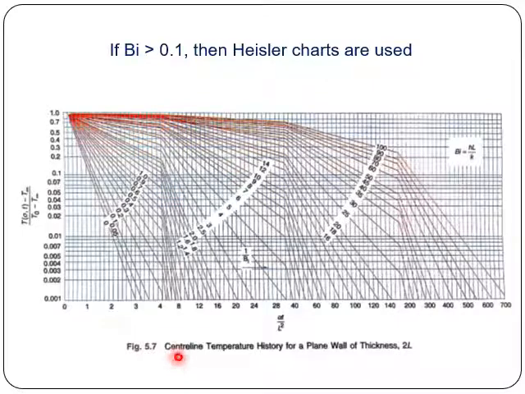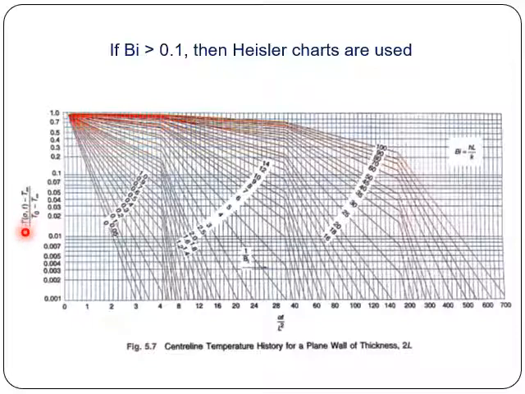First chart is the centerline time history chart, and this was developed by Heisler. So what is that? On the y-axis you have T0,t, that means 0 in this numerator indicates x equal to 0. So at any given time, what is the temperature at x equal to 0?